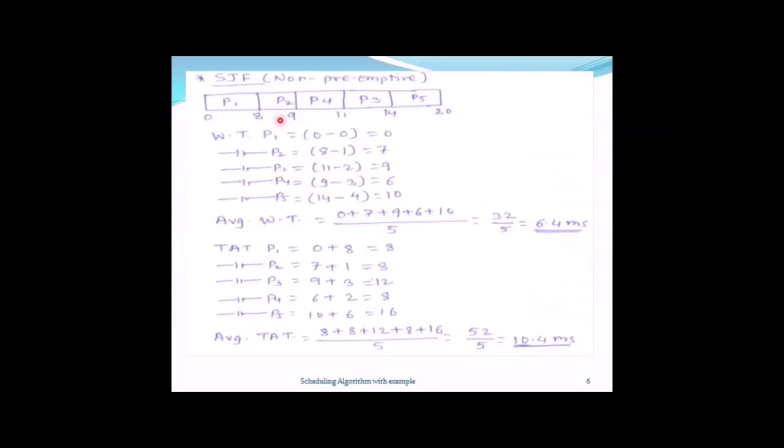So accordingly, process P2 having burst time 1 gets scheduled, then process P4 gets scheduled, then process P3, and lastly process P5 gets scheduled.